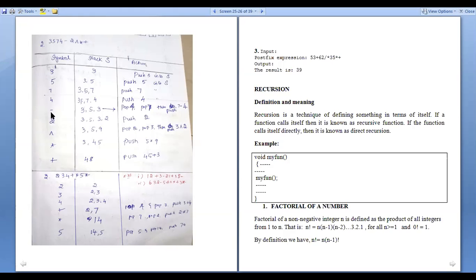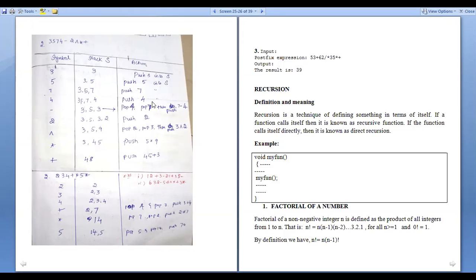Then the operator we have is minus. Whenever minus is encountered, it is going to pop 4 as well as 7, and then do the operation with respect to this minus operator.